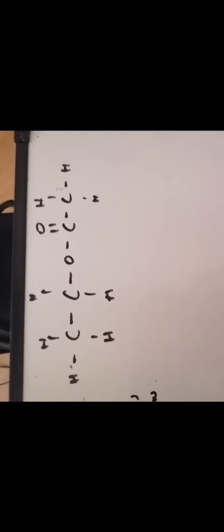Let's keep going. This is an ester. An ester differs a little bit because an ester is actually a combination of a carboxylic acid and an alcohol, so when we name them, it's a little different. The group that comes from the alcohol, we change it and add YL at the end. For example, here we have 2 carbon atoms from the alcohol and 2 carbon atoms for the carboxylic acid.